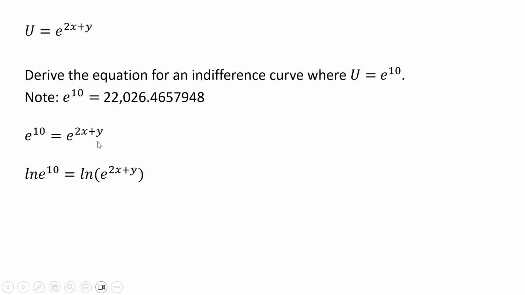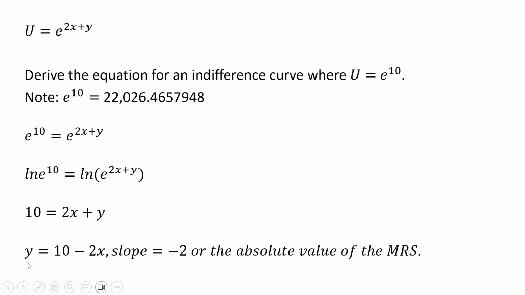So I'm going to take the natural logs of both sides of the equation. And so the natural log of e raised to the power of 10 is just 10, and the natural log of the right-hand side of the equation is just 2x plus y. We're going to solve this for y, and y equals 10 minus 2x. And you'll also notice that the slope here, minus 2, is just the absolute value of the marginal rate of substitution.